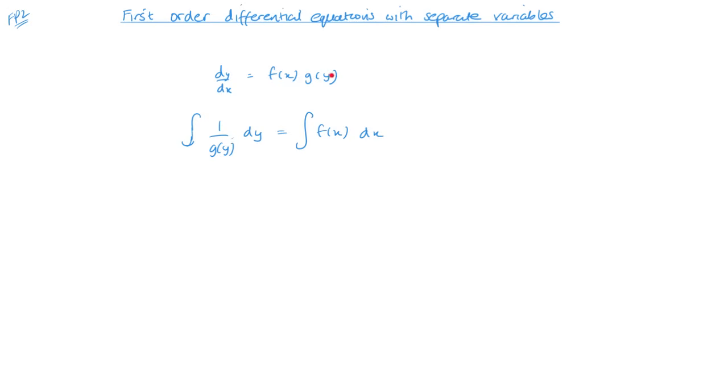So take everything with the y to the left side with your dy, and everything with the x on the right side with your dx on the top, and then you've got your integral signs. So you'd integrate this function with respect to y and this function with respect to x.